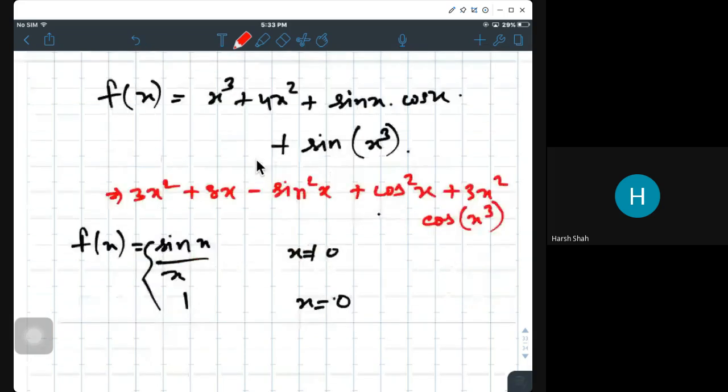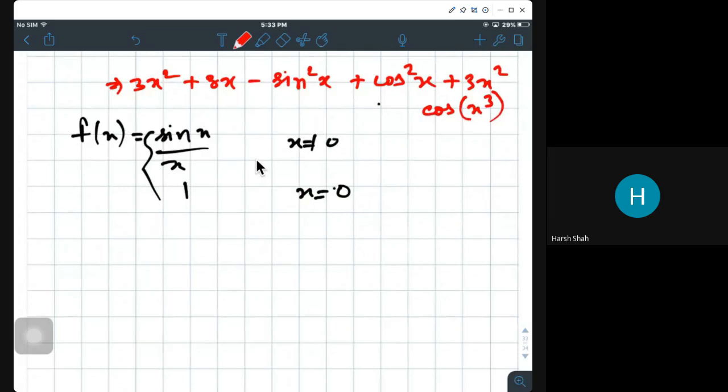Okay. So you want to test for differentiability. For this, you have to do LHD equal to RHD.